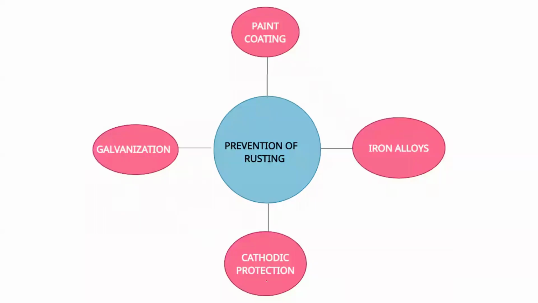If you've got an iron gate, the obvious thing to do is paint it. That protects it. Another obvious thing to do is turn it into an alloy, because an alloy is going to give it additional strength because you've got the different sort of molecules in it.